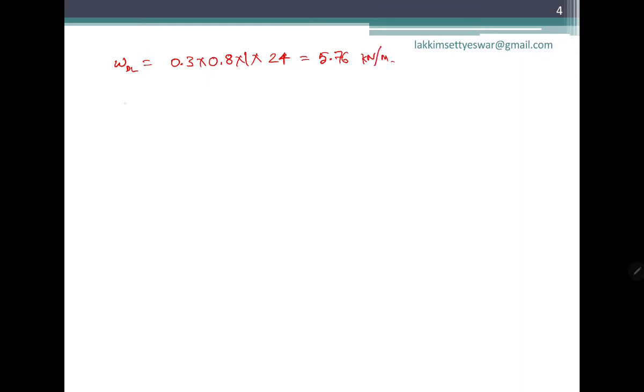Now we need to calculate the bending moment due to dead load, that is equal to WL squared by 8. That value comes around 58.32 kilonewton meter. Now we need to calculate the bending stress due to dead load.